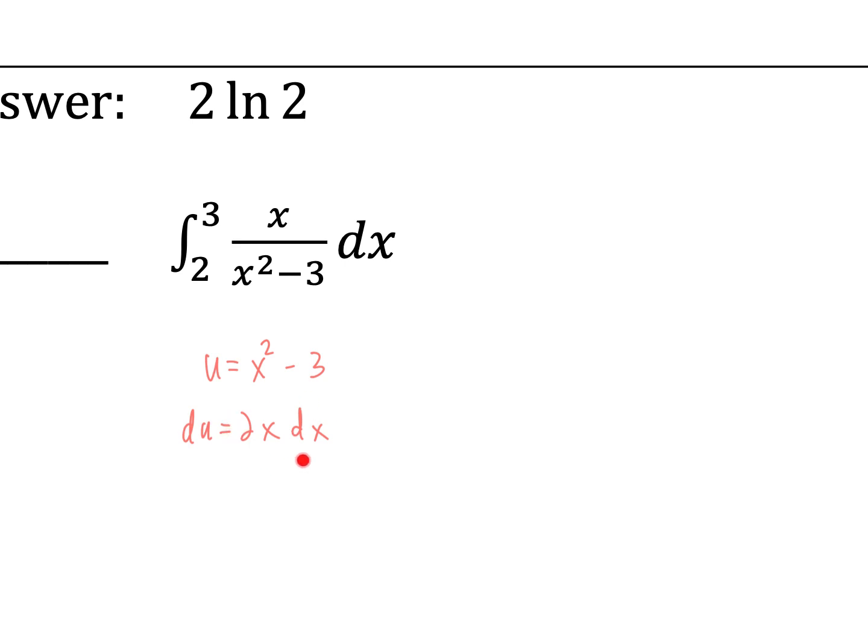We have a 2x dx, but here we only have an x dx, so we'll get rid of that too. And then we'll substitute. I'll pull the half out, and we replace this x dx with a half du. That half can get pulled out, and then this is just 1 over u du.